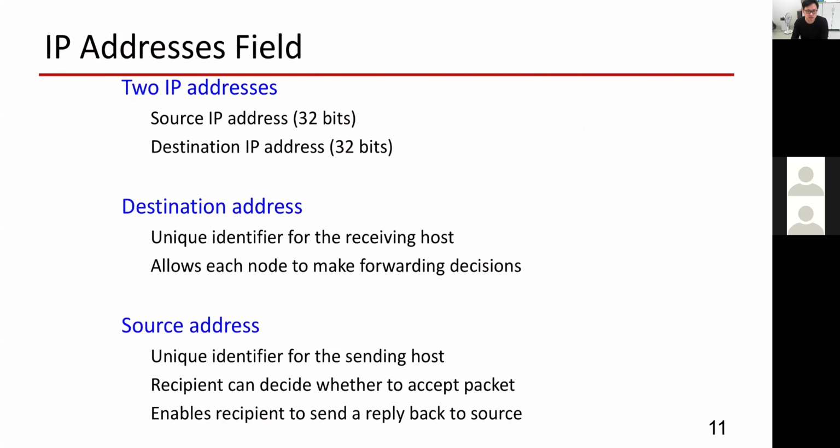So the IP address fields: my source and destination. My source identifies the sending host, and the recipient can decide whether to accept the packet. Why is this important? If someone is an attacker, then I can block their source IP. There is a Linux distribution called Kali Linux, designed for attacking. Sometimes I test my servers, which I implemented on AWS, and I try to DDoS my server.